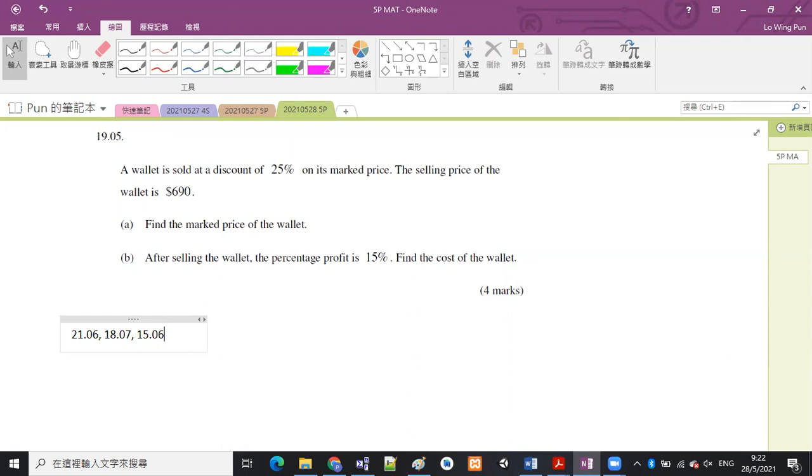Any more? 20.09. Good, that's correct. But 15.09 is actually not. It's about just percentage change. There is one more related topic. Can you find this?